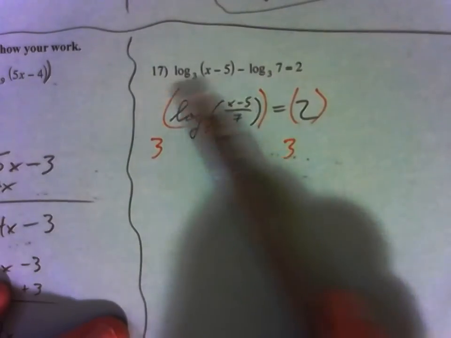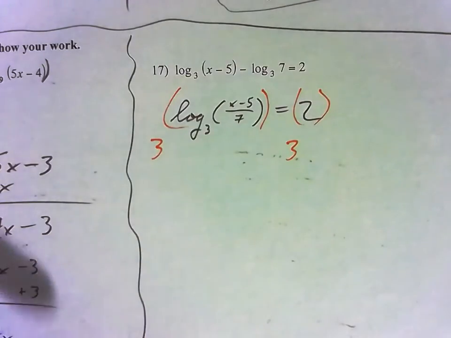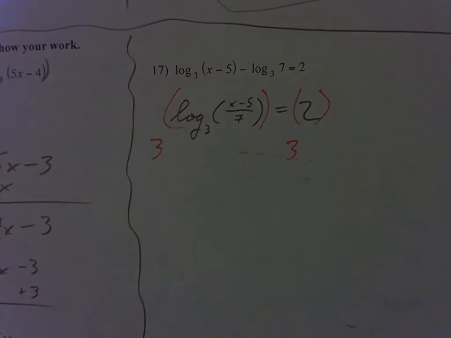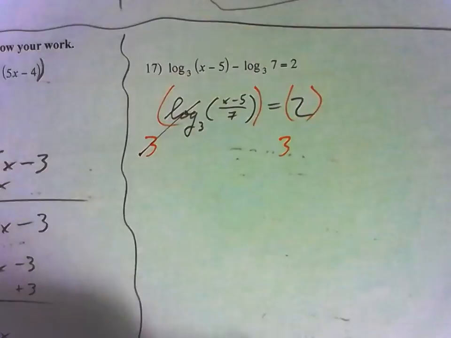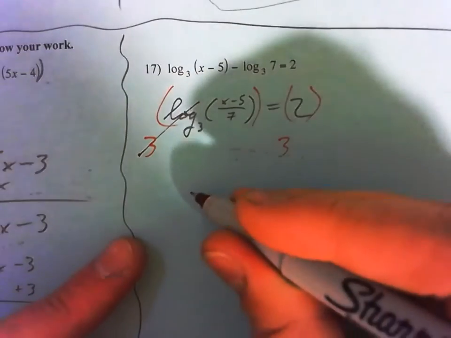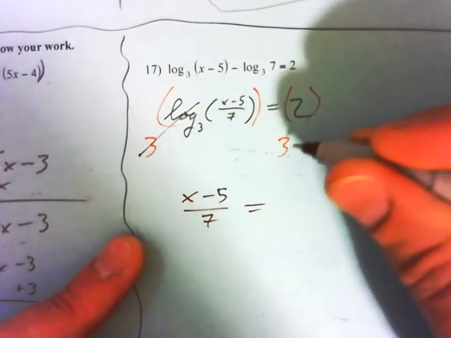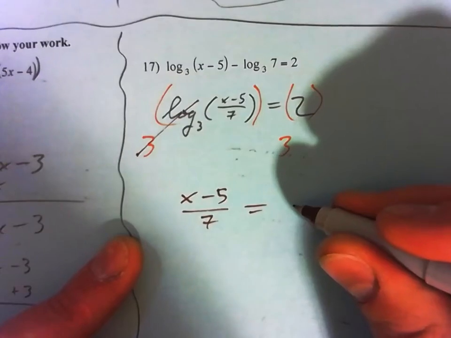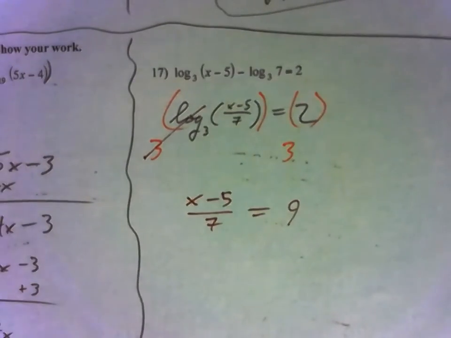Now that we have a single log base 3 of a bunch of stuff, now we'll do that. Because now, log base 3 to the power of it is going to just leave x minus 5 over 7 equals, what's 3 squared? Not 6! 3 times 3 is 9.